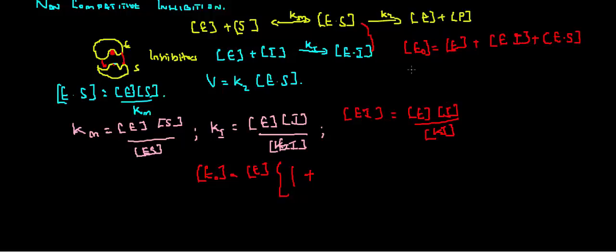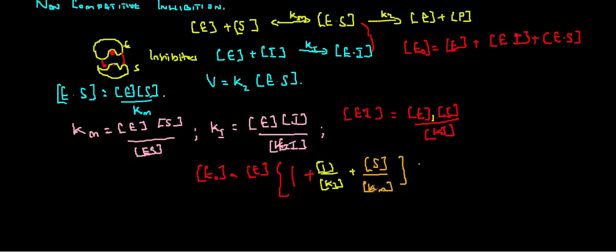If I factorize this E out, I'll be left with I over KI. Okay, now plus for the other one, the ES, I said it here that if I factorize E out, I will be left with S over KM. Okay, now that is settled.